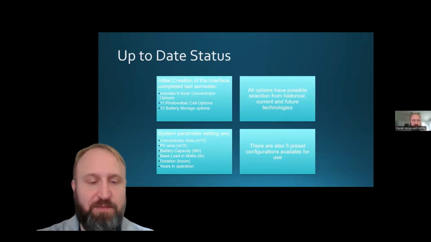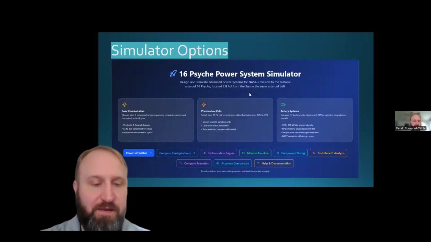We also built the mission timeline simulation covering all 5 mission phases from launch through extended science operations. A component sizing tool that works backwards from requirements to recommend array and battery sizes, and a cost-benefit analysis module with life cycle cost modeling, and technology readiness level risk assessment.